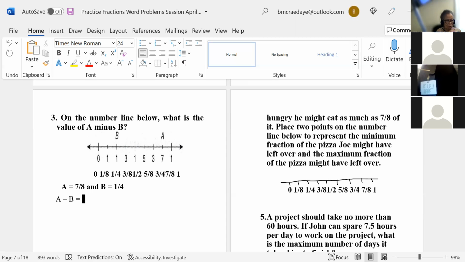So what would it be, Maureen? No, A is 7/8. B is 1/4. I'm subtracting B from A. What would be my answer?